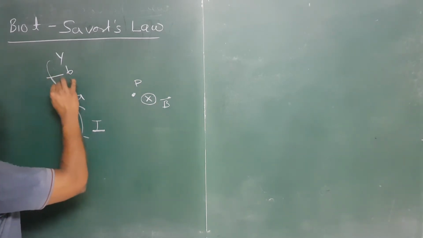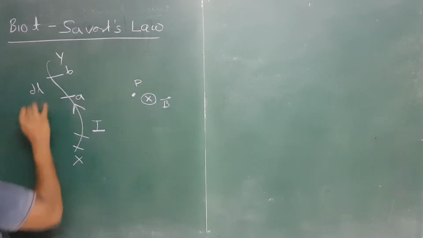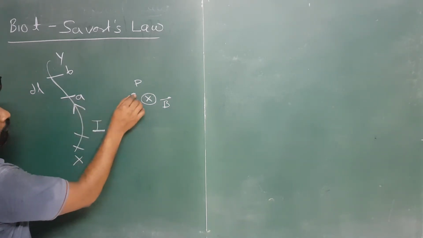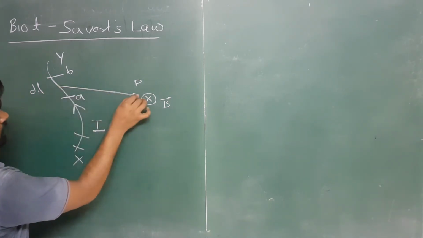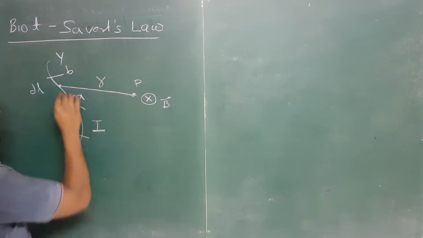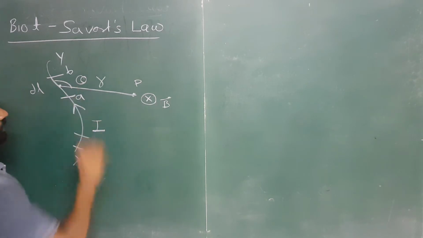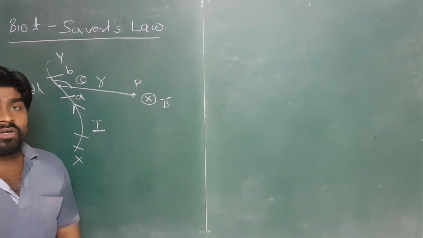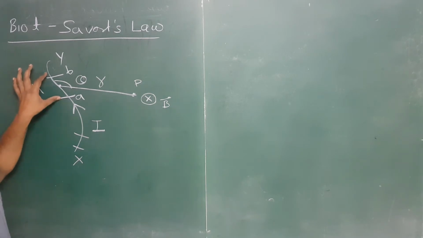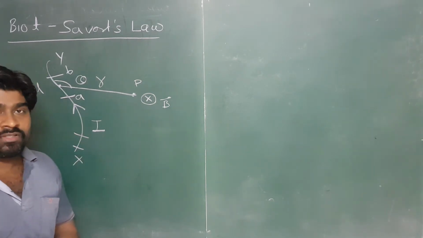Let's suppose the length of this element is dl, right? The point P is at some distance r from this element, at an angle theta. So the magnetic field B due to this small element depends on some parameters.